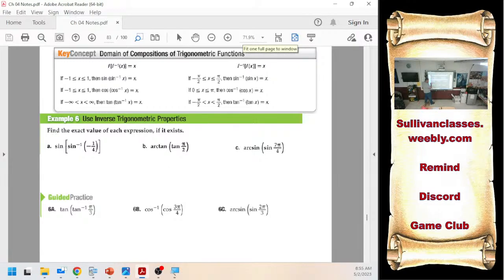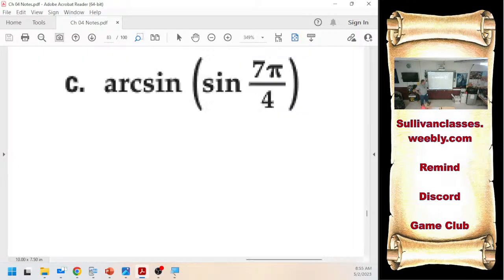You are going to be restricted to quadrants 1 and 2 or 1 and 4, so we just got to be careful about that with all these. Sometimes I'm actually going to go backwards. Do the sine of 7 pi over 4. First of all, regular sine. Regular old sine, there's no restrictions on my input. Go to 7 pi over 4 and you get negative root 2 over 2.